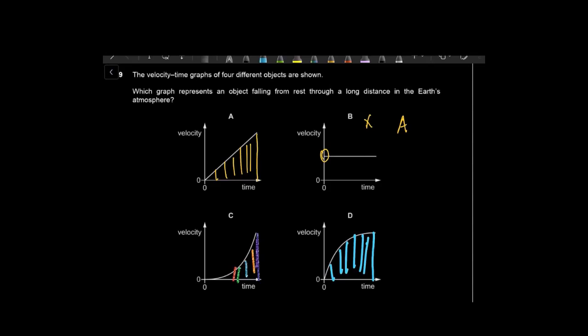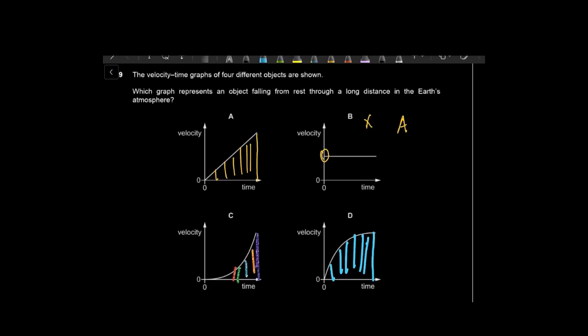Comparing the areas of options A, C and D, it is clear that the area is maximum in D. So D having the maximum area means D has maximum displacement, and since the object is falling in the Earth's atmosphere, we may suppose that the object is in one-dimensional motion.